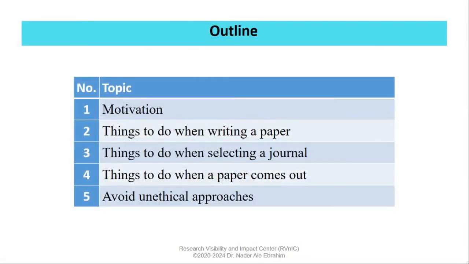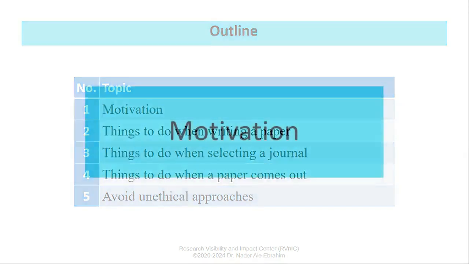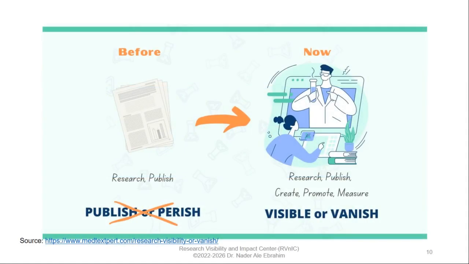Today I will talk about the motivation, why we need to improve our research visibility and impact, then go to some strategy and tactics before writing a paper, when you select a journal, and after publication. And finally, I will talk a little bit about avoiding unethical approaches to get more attention or citations and so on.